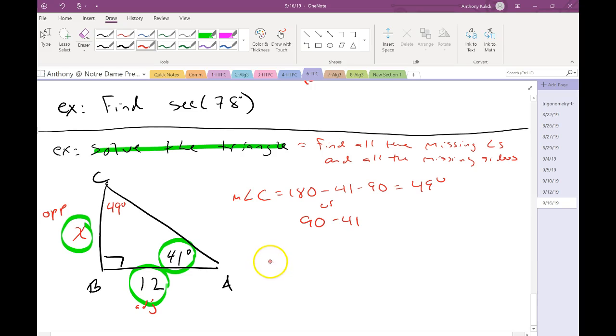Tangent. So I'm going to write that tan of 41 equals opposite over adjacent. And now I'm going to solve for x. What do I need to do to solve for x? Multiply both sides by 12.